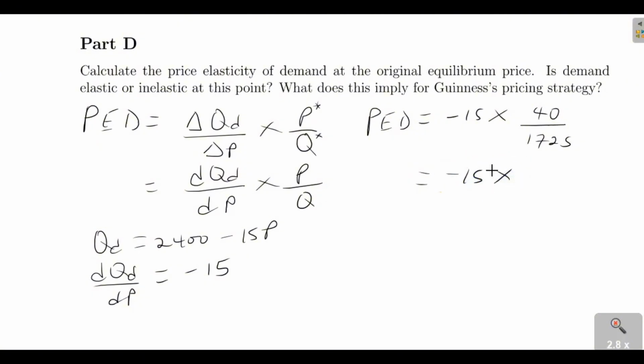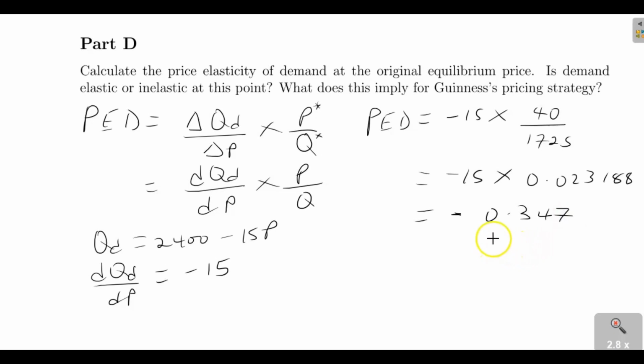Alright, so here I'm going to use my calculator. What is 40 divided by 1,725? That is 0.023188. And what is this decimal times minus 15? That is going to be minus 0.347.